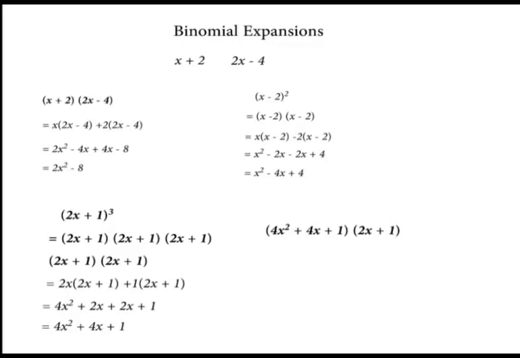It's simple to multiply the second bracket with the first one. So we shall have 2x times 4x squared plus 4x plus 1, then plus 1 times 4x squared plus 4x plus 1. 2x times 4x squared is 8x cubed. 2x times 4x is 8x squared. 2x times 1 is 2x. 1 times 4x squared is 4x squared. 1 times 4x is 4x, and 1 times 1 is 1.